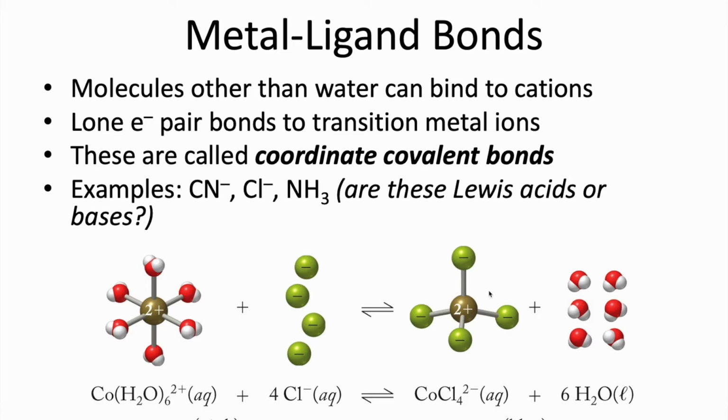Now, in this example, it should be pointed out these have very different properties. In fact, our cobalt solution in just water is going to be pink, but when we add the chloride, it turns blue. So it'll have a totally different electronic structure because of that ligand.